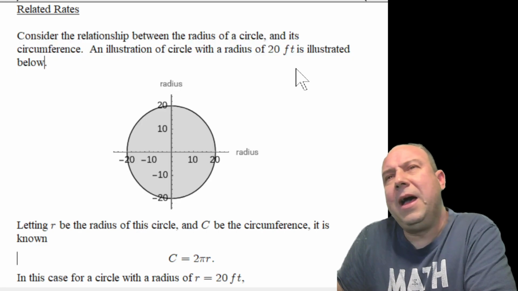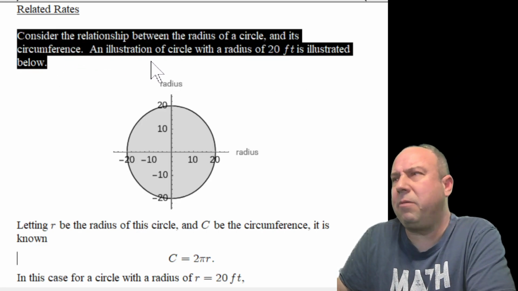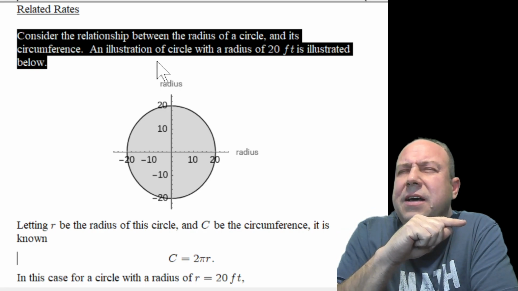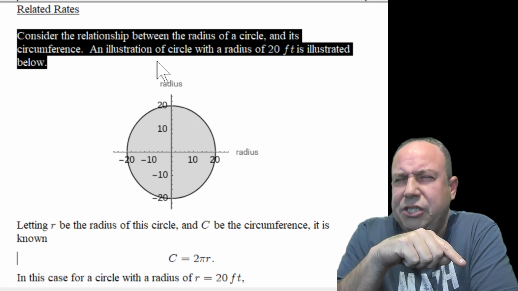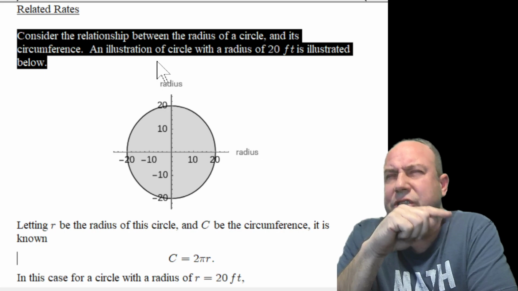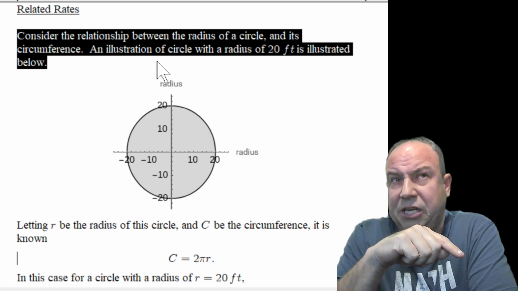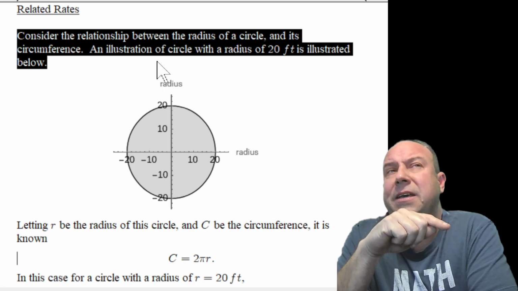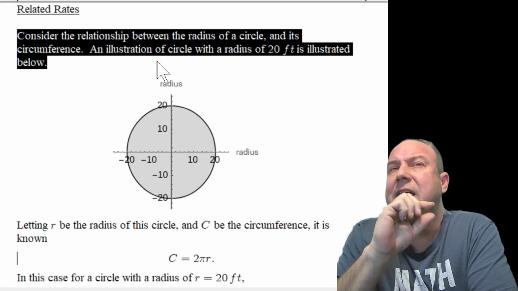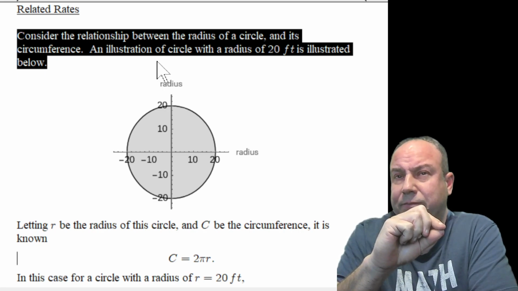In a related rate problem, what you're often looking at is the relationship between the rates of change in relationships that exist between variables.